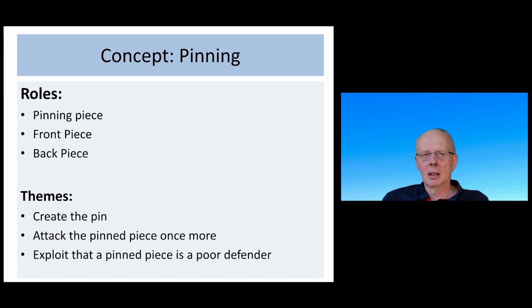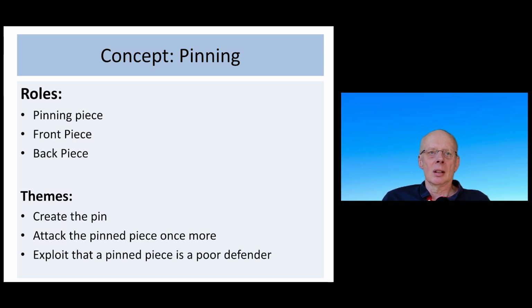And then the themes. So we saw the first one is create a pin, when there are two pieces on one line. The second is attacking the pinned piece once more. And then the third one is the one that's most often overlooked, and that's exploit that the pinned piece is a poor defender. So the first two, create the pin and attack the pinned piece once more, target a material gain. The third one is exploiting that the function of the pinned piece is very limited.